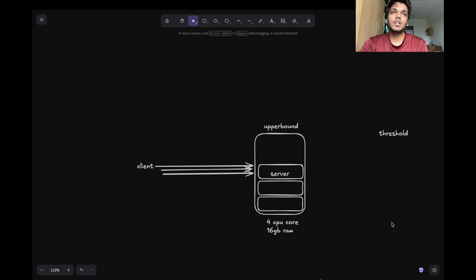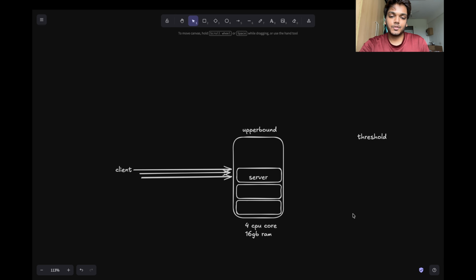So firstly, let's start with a very basic example. Suppose you have a web server which consists of 4 CPU cores and 16 GB of RAM, and there we have a client which sends incoming requests. Of course, the computing resources always have a threshold.